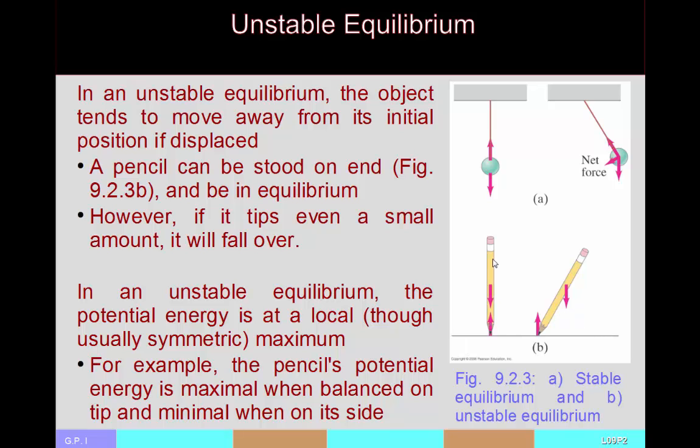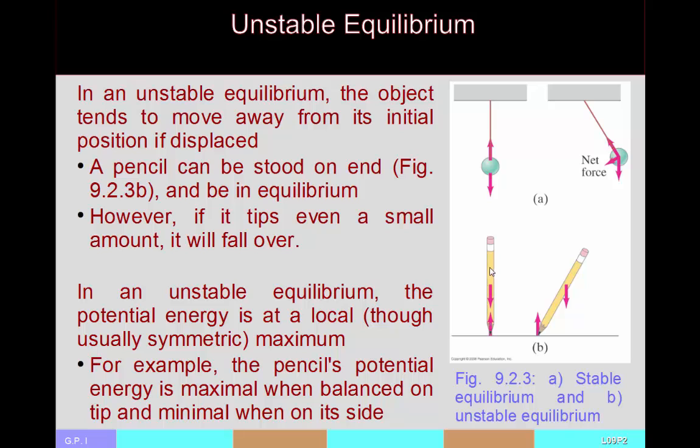But if you were to bump the pencil at all so that it tilts slightly, then the result is that the contact with the ground might apply an upward force, the weight might apply a downward force, and those two forces are going to create a pair of torques, which will cause the pencil to rotate so that it falls to the ground. Notice that this position is actually at a potential energy local maximum.